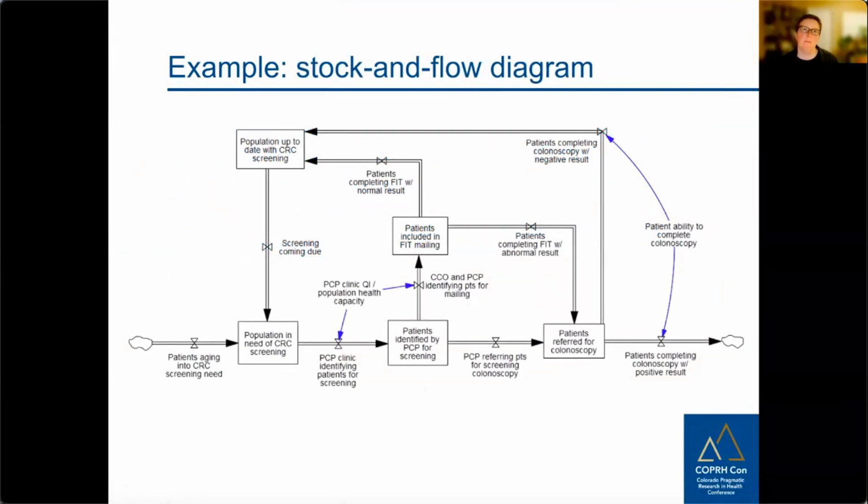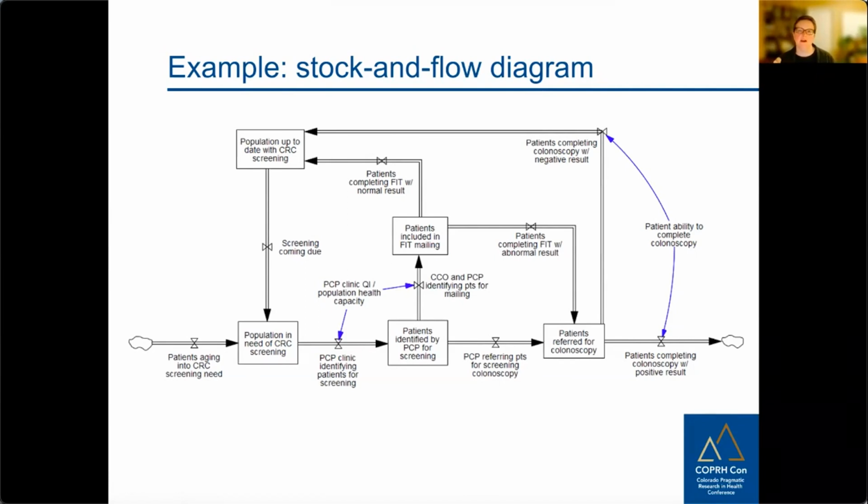So I wanted to briefly share one other diagramming approach called stock and flow diagramming. These diagrams and causal loop diagrams have the same basic logic to them, but they're represented in different ways. Here I've recreated a very small part of that other diagram related to colonoscopy and mailed FIT. And here you have stocks, or accumulations.